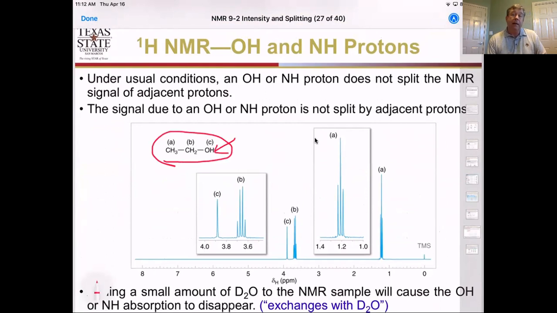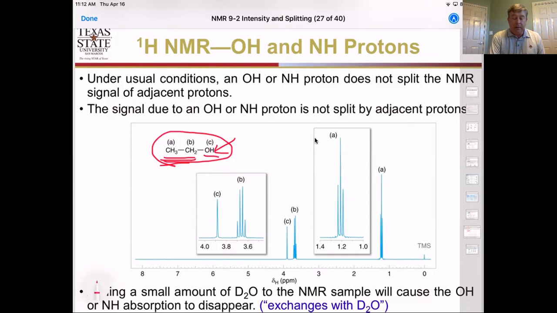So what I'd like to say is we use the hydrogens on adjacent carbons, not adjacent atoms, when we're calling our splitting pattern here. So if we look at this, we would see our hydrogen that's on the oxygen is going to be all by itself and be a singlet because it's not being split by the carbons adjacent to it, because it's going through that electronegative atom.